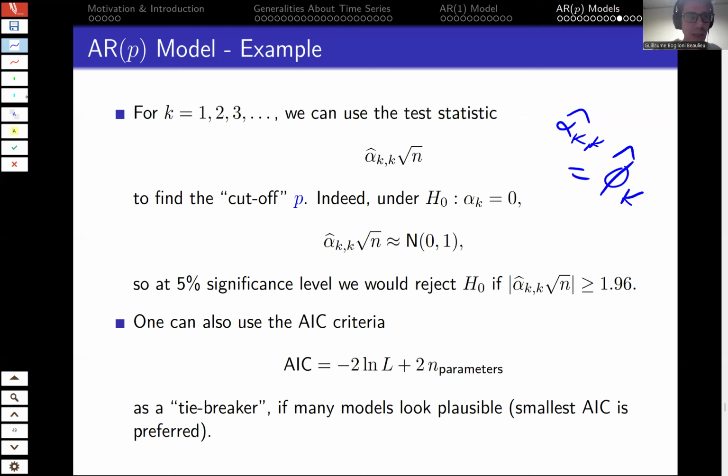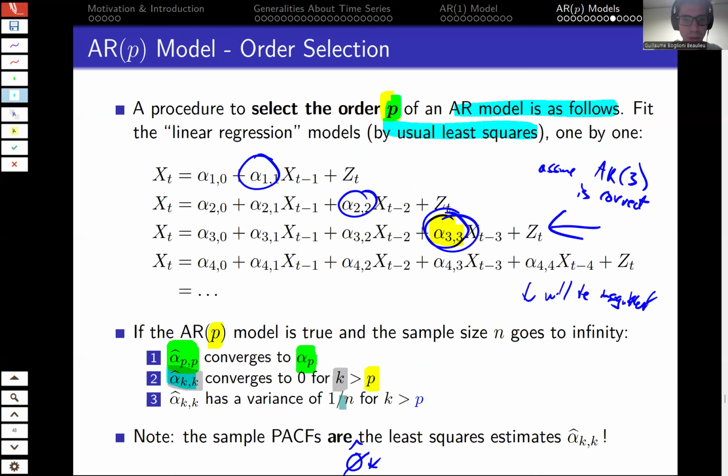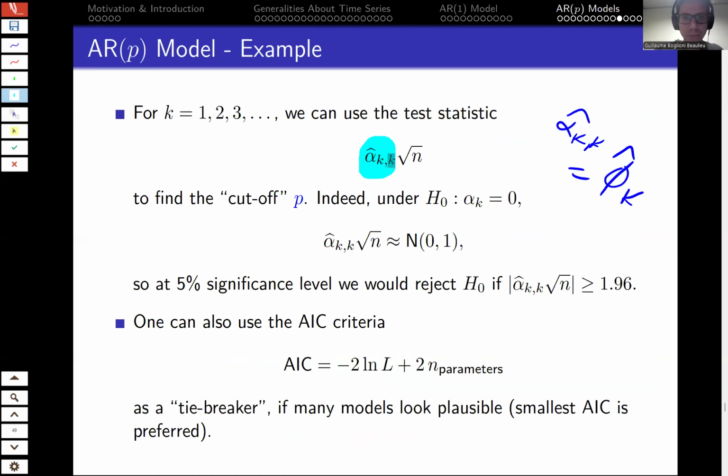Because if alpha hat kk has a mean of 0 when k is bigger than p and a variance of 1 over n, well, you know that alpha hat kk times square root of n will have a variance of 1. And it's also normal. Asymptotically, this statistic is conveniently a normal 0, 1, which makes it very easy to judge the significance of the parameter.